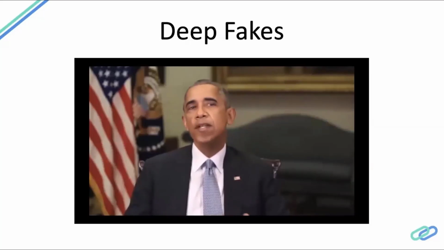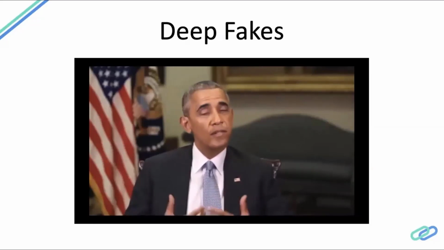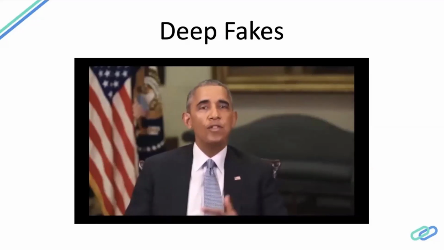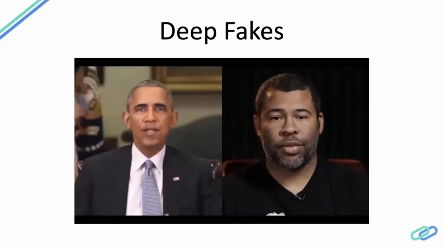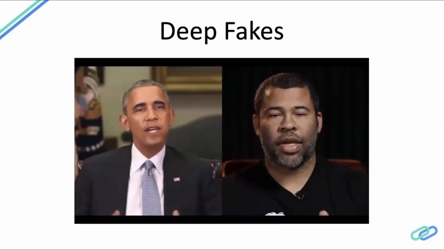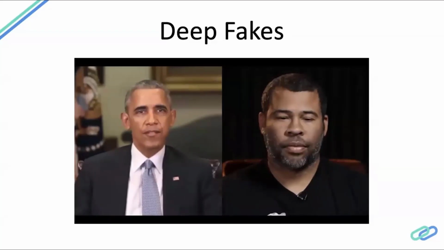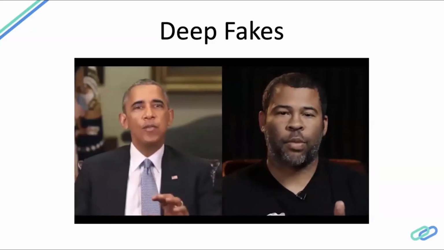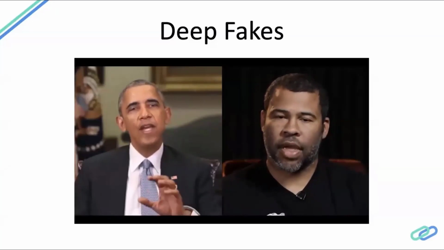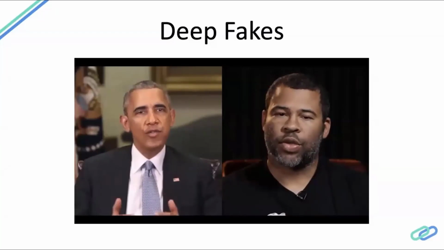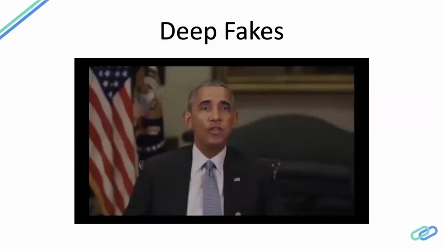Now, you see, I would never say these things, at least not in a public address, but someone else would. Someone like Jordan Peele. This is a dangerous time. Moving forward, we need to be more vigilant with what we trust from the internet. It's a time when we need to rely on trusted news sources.